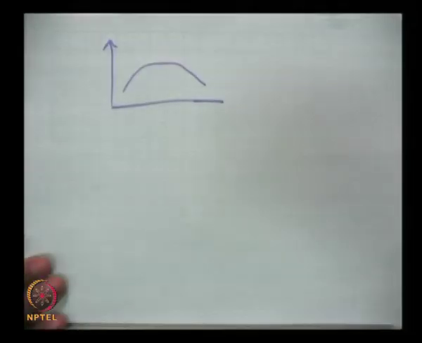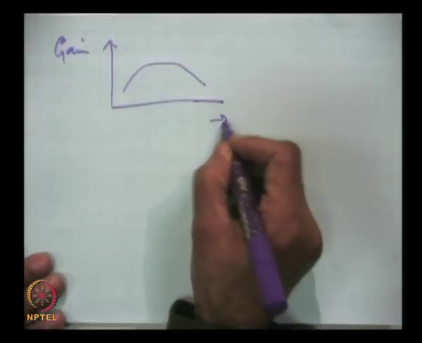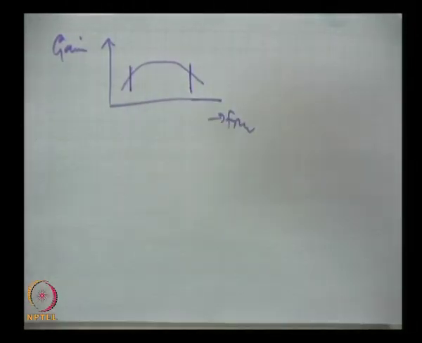So, we talked about the RC coupling in details, and the response of a RC coupled amplifier was like this. This is gain versus frequency, and these two cutoff frequencies we defined.